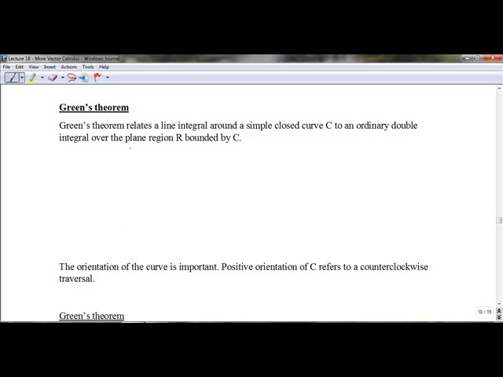So this is what is happening. This is your path, C. It has to be closed. And this is your region R. So it relates the line integral over C with the double integral over the region R. But there's one condition. The orientation, remember you always have arrows on the path.